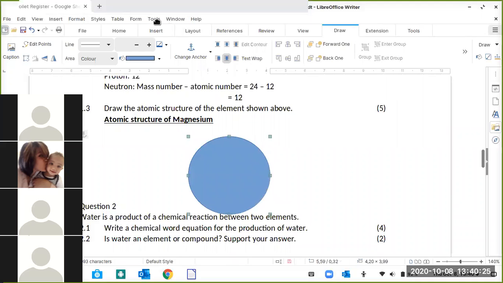Because it is in period 3, so we must make sure that we have 3 rings. Which period is magnesium in? Is it in period 1, period 2, period 3? Period 3. Period provides the information about the number of shells, right? So it's what? 3. Then I'm going to draw another one.